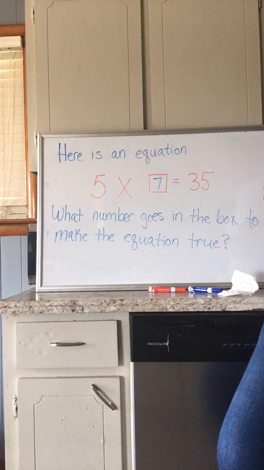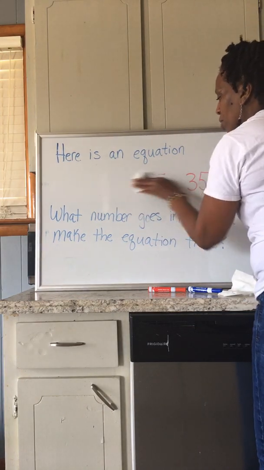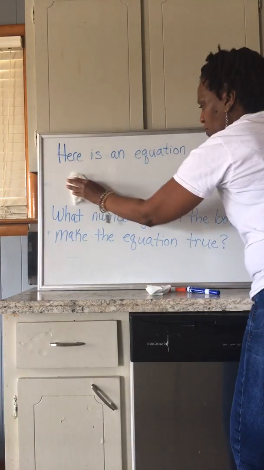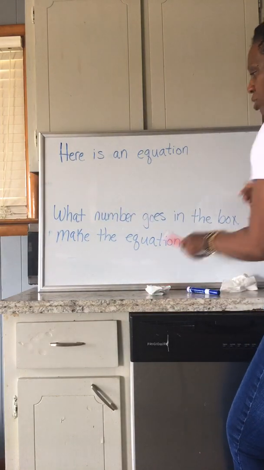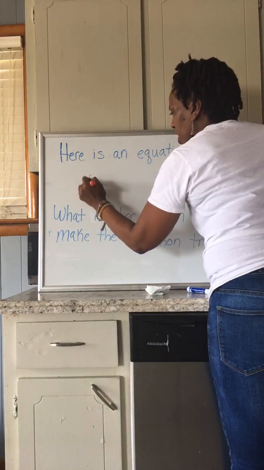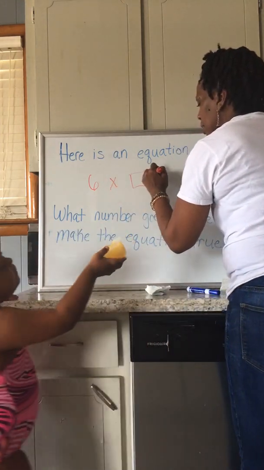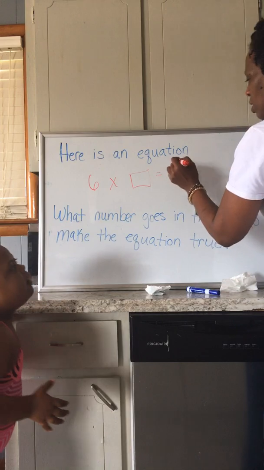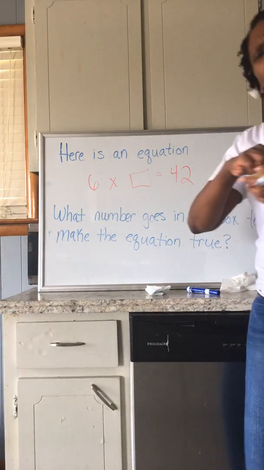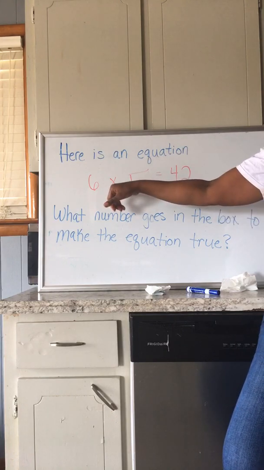When we have these standardized tests that our children have to take, all they're going to do is change the number, but the concept, the idea, is going to remain the same. That is why we push for our children to know their multiplication facts. So when they say here's an equation, and they give you 6 times x equals 42, we can ask, what relationship do 6 and 42 have when I'm multiplying?